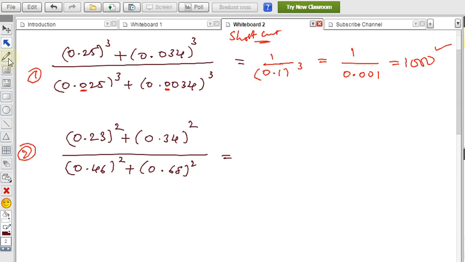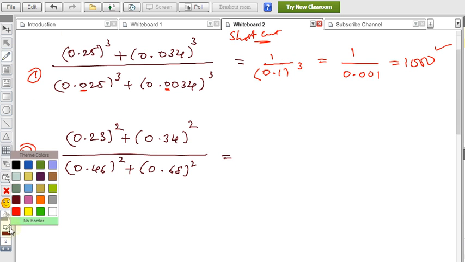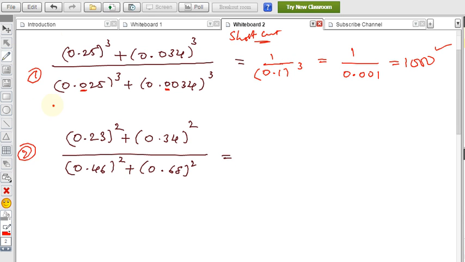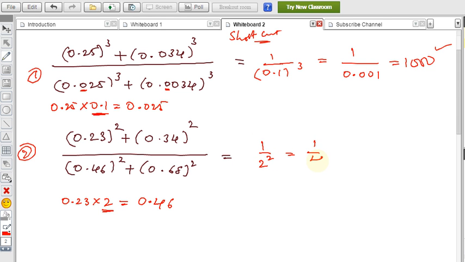If you observe clearly, previously 0.25 into 0.1 was 0.025. Now 0.23 into 2 is 0.46. Because it is into 2, we can write 1 by 2 square, so 1 by 4, that is 0.25.